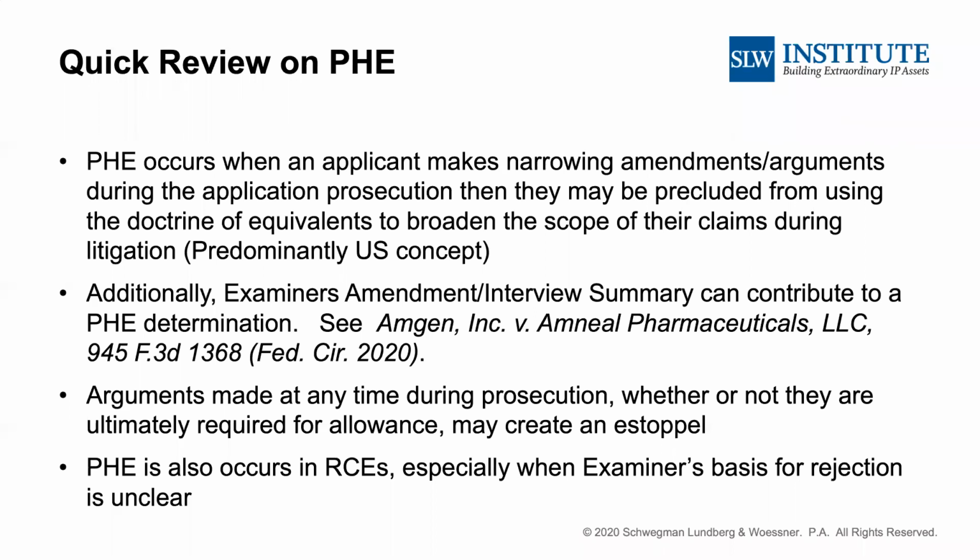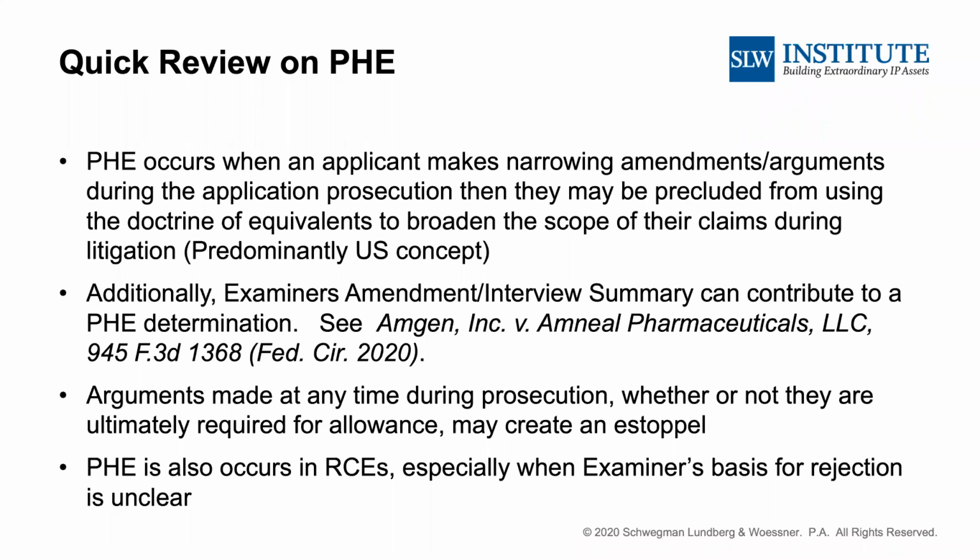But it's very hard to understand what people have uttered during prosecution unless you have the summary format where you can very quickly look at what the examiner said, what the arguing attorney or applicant has said, and also see where oral statements were reduced to writing in the examiner's amendments.